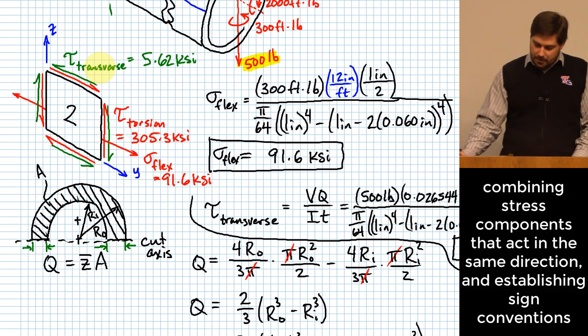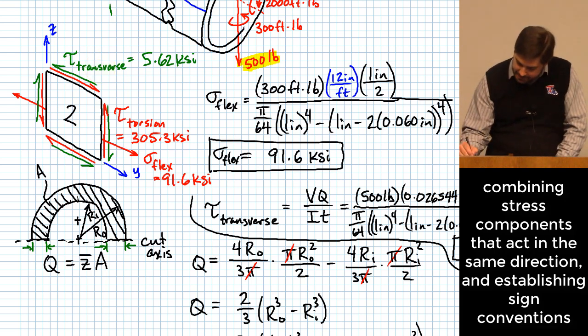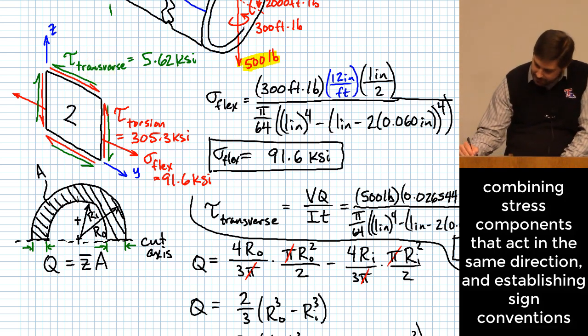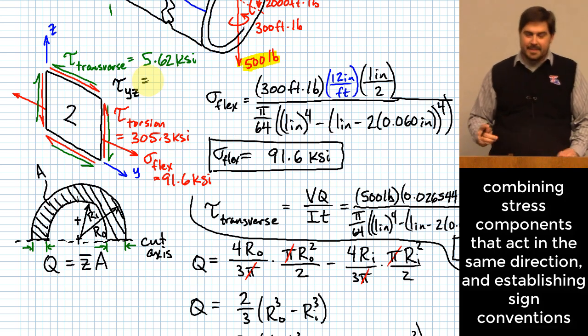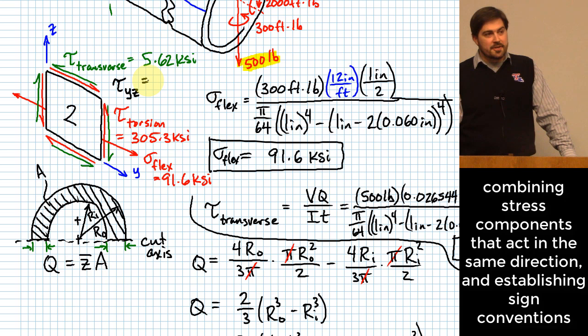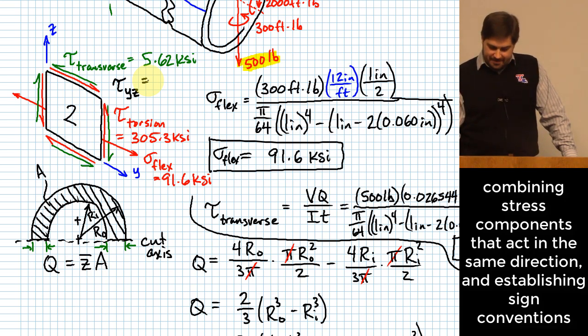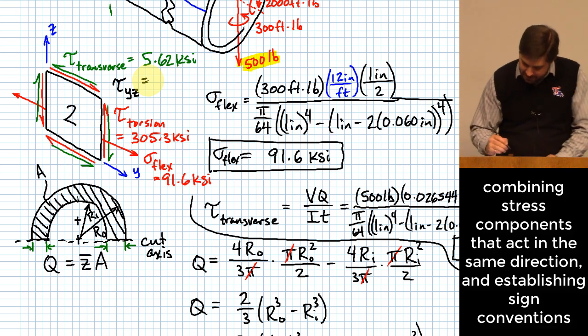Okay, and so what I would say here is that we can name it something like tau sub yz. Right? And tau sub yz is going to be equal what? Here's where we have to decide what direction is positive. Okay? And there's actually a standard for this to decide what direction is positive. So let me show you what the standard is.